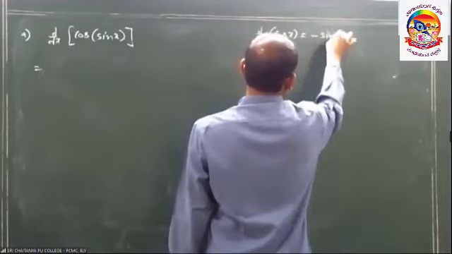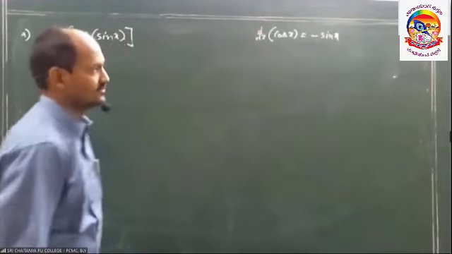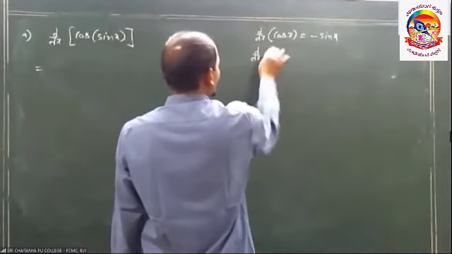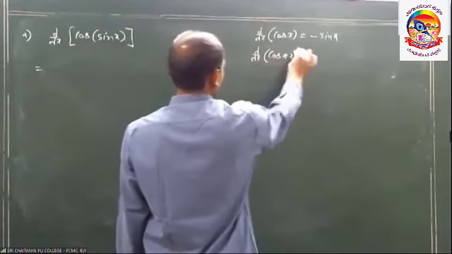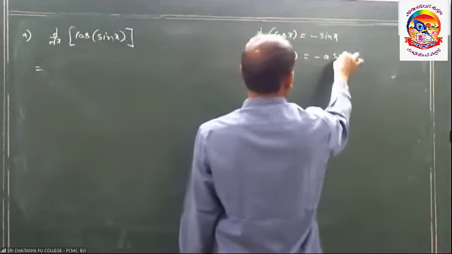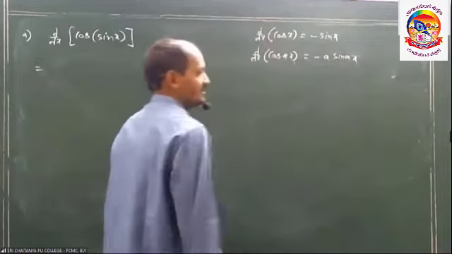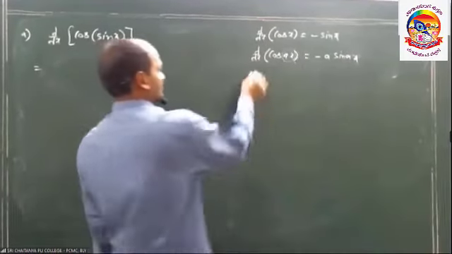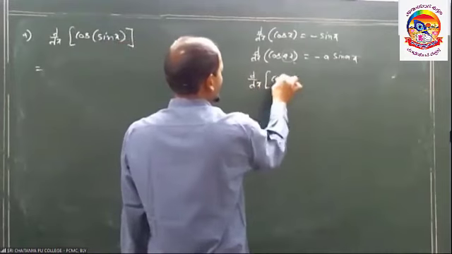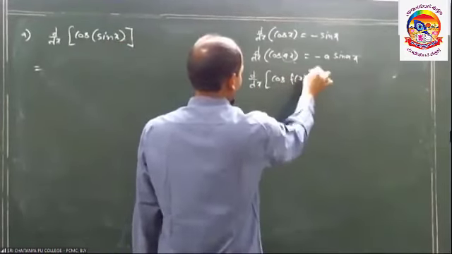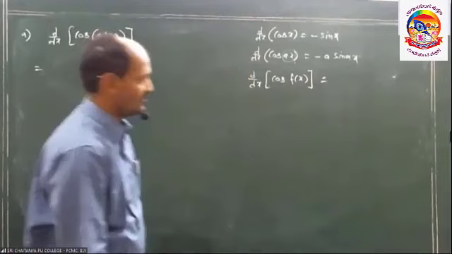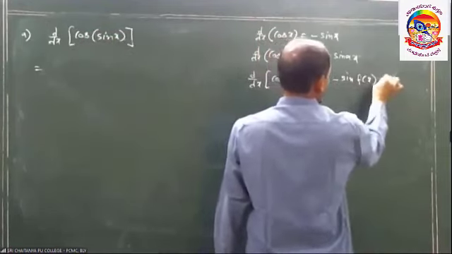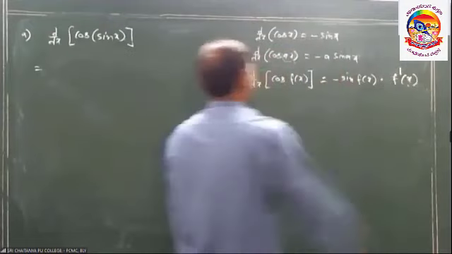The derivative of cos is minus sin. The derivative of cos x is minus sin x. So instead of x, for any other function, that is cos of f of x, it is minus sin of f of x into f dash of x.